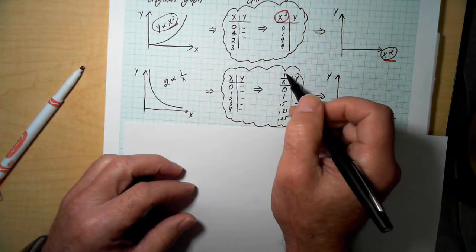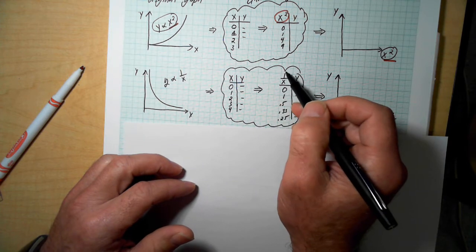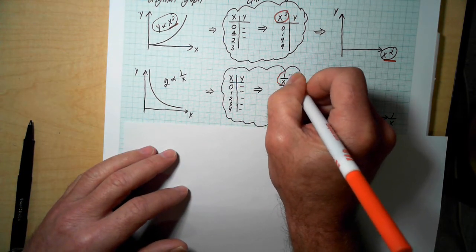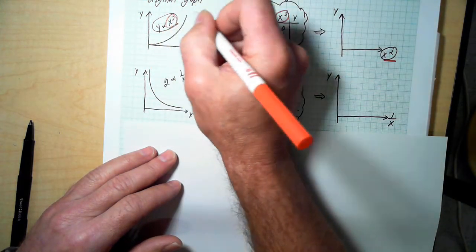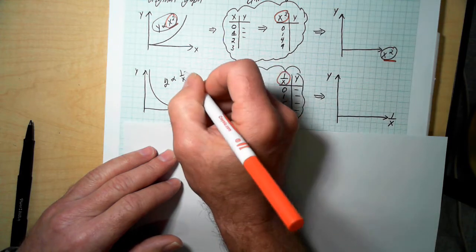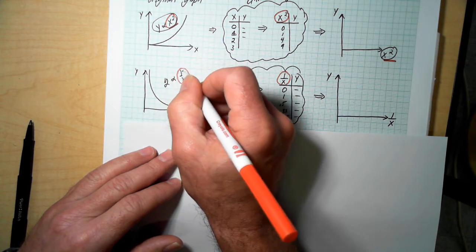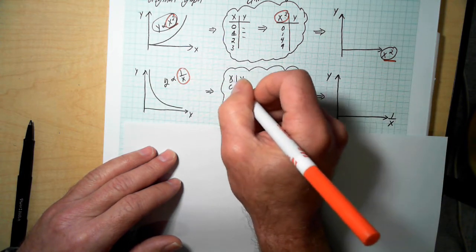What do you need to do? Well, this gets weird. You don't do the x squared here, you do 1 over x. Why am I doing 1 over x? Because this matches this, and so whatever this is, y is proportional to 1 over x, then you need to do that to your original data.